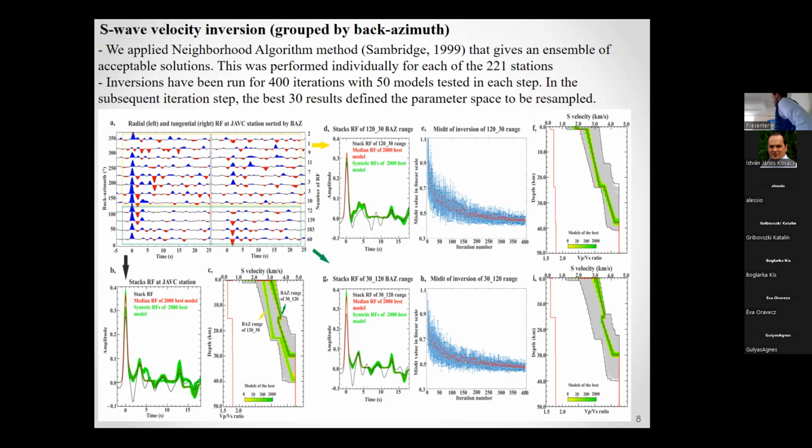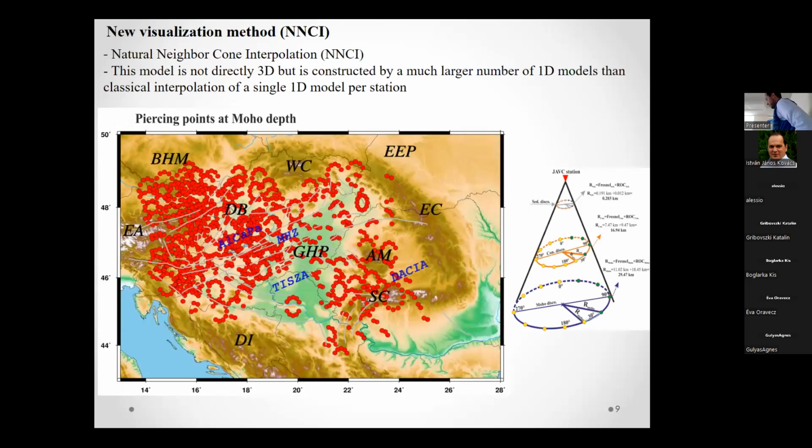So the question was how to handle this feature of the station, because this station is located beneath one place. Therefore, we developed a new visualization algorithm, called natural neighborhood cone interpolation.